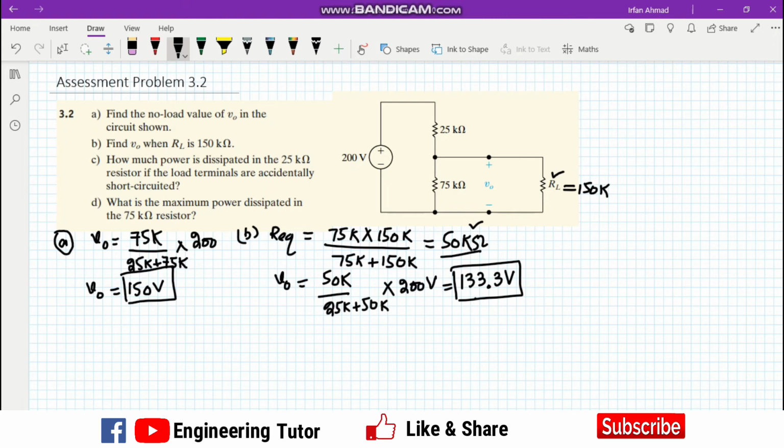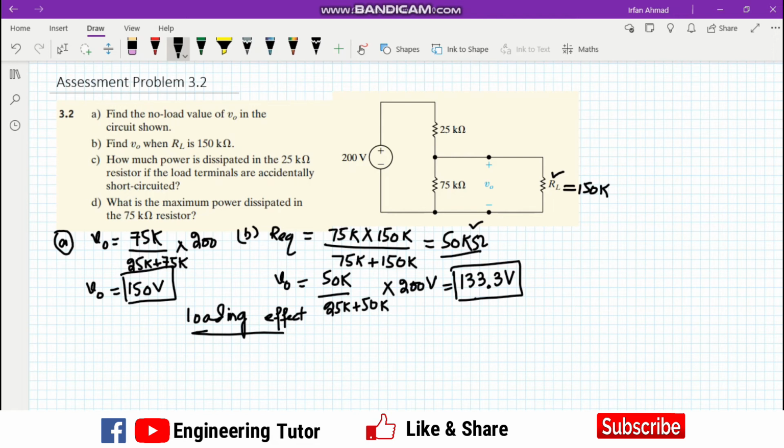You have to keep these things in mind, and this is also called the loading effect. For solving a question like this one, the ultimate aim was to let you know about the loading effect.